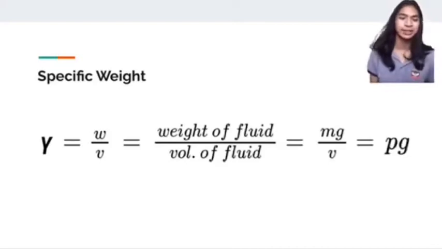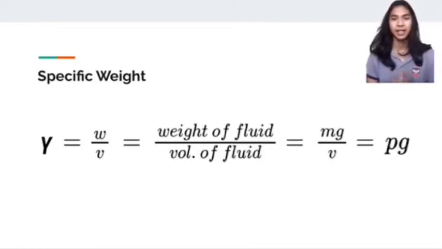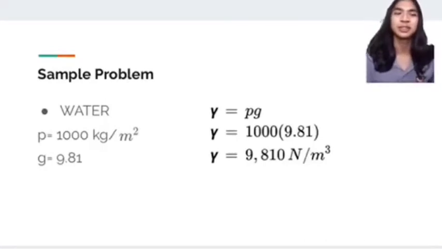Since weight is equals to mass times gravitational acceleration and mass over volume is density, we derive another formula for specific weight, which is gamma is equals to density times gravity. We have here our first example, which is the water.